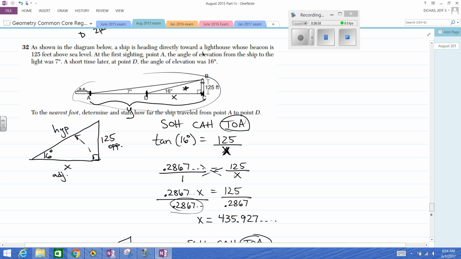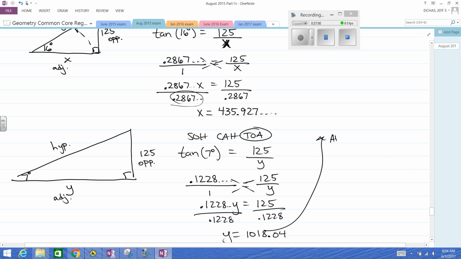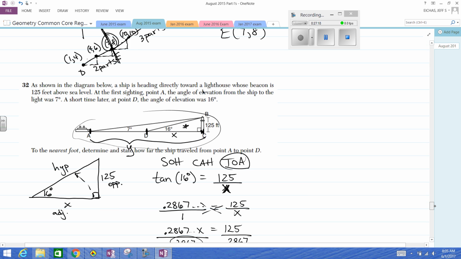We want to get AD. So AD is going to be subtract those two: 1018.04 minus 435.927. And AD is, I get 582.116. Okay, that's AD.